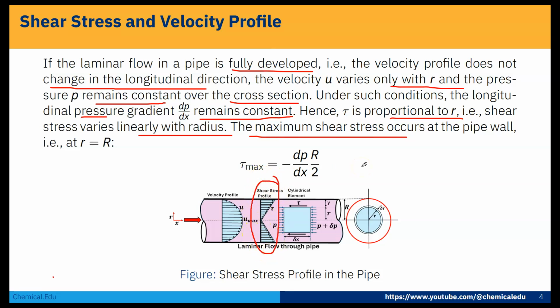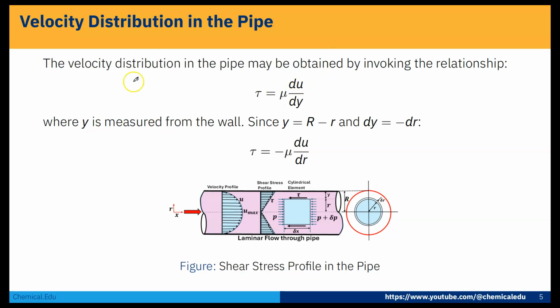Now coming to the velocity profile, we know that tau is equal to mu du by dy. As it is a circular pipe, we have to change y to r. From the center to the cylinder surface, the distance is r.